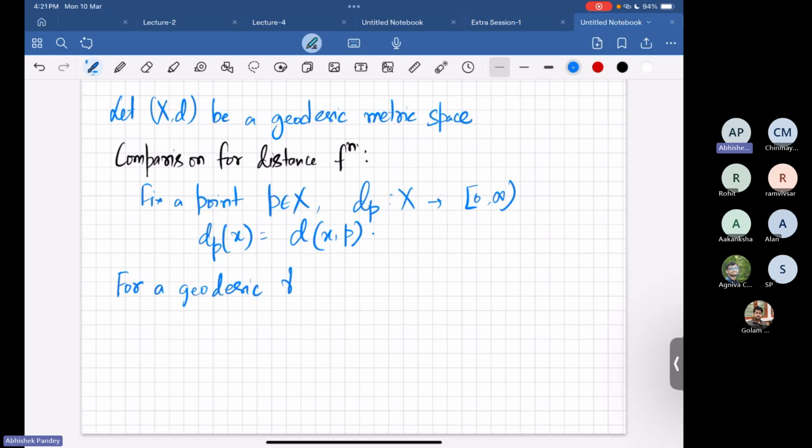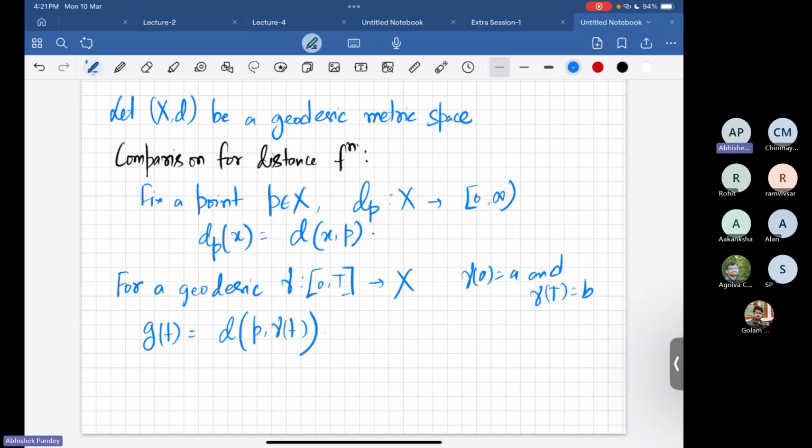So for a geodesic curve gamma from [0, t] to X, joining gamma of 0 equals a and gamma of t equals b, we are going to define a function g of t, which is nothing but d of p comma gamma of t, which is nothing but d_p of gamma of t.